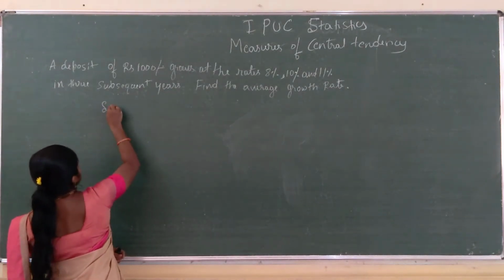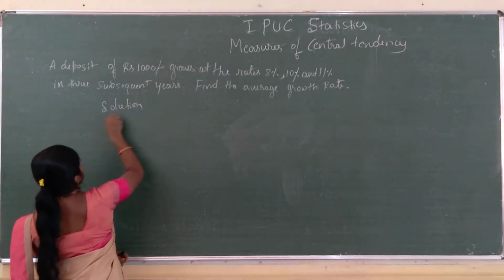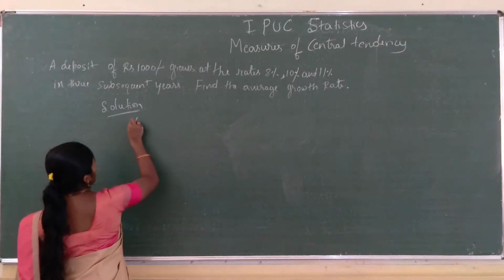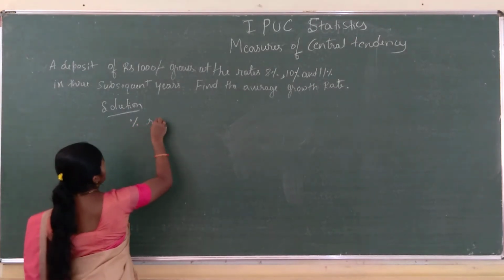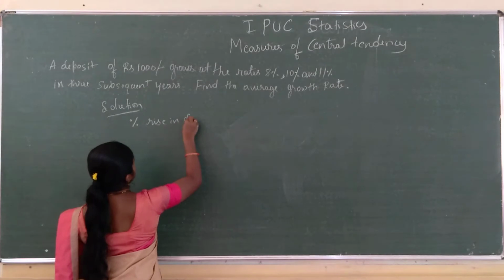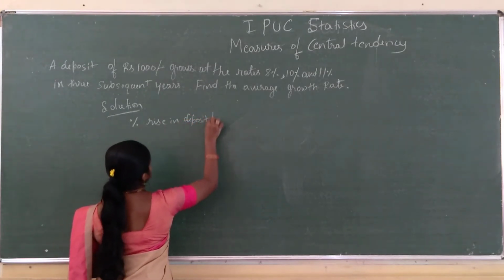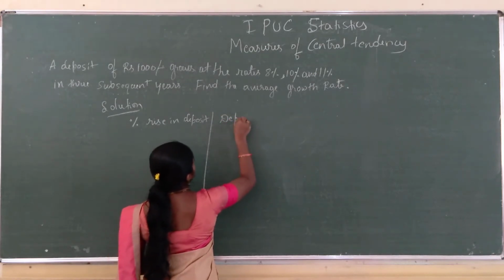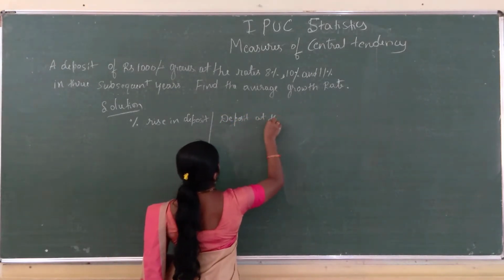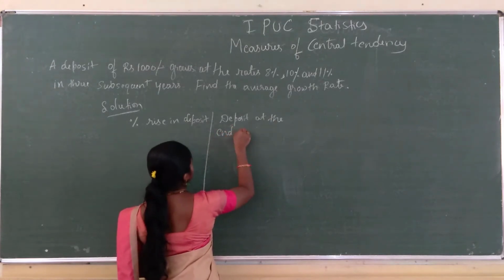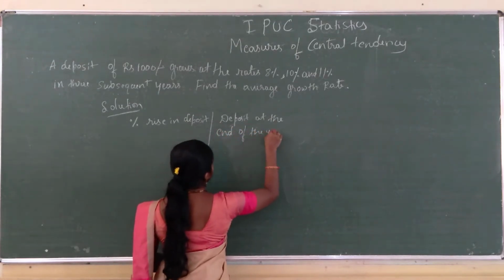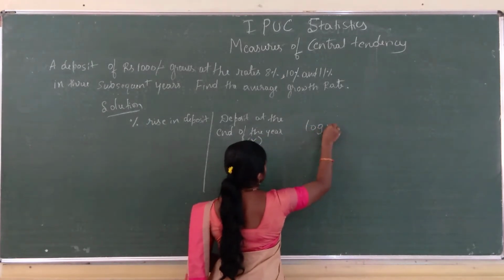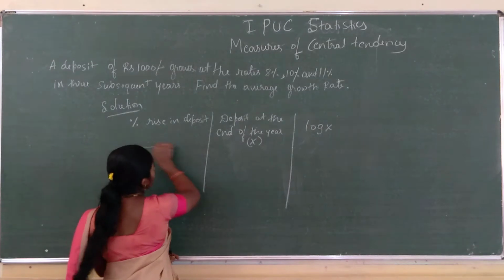Solution. First we will make the table. We have to write percentage rise in deposit, next deposit at the end of the year, lastly this is the x value, and then log x, we are finding log x.